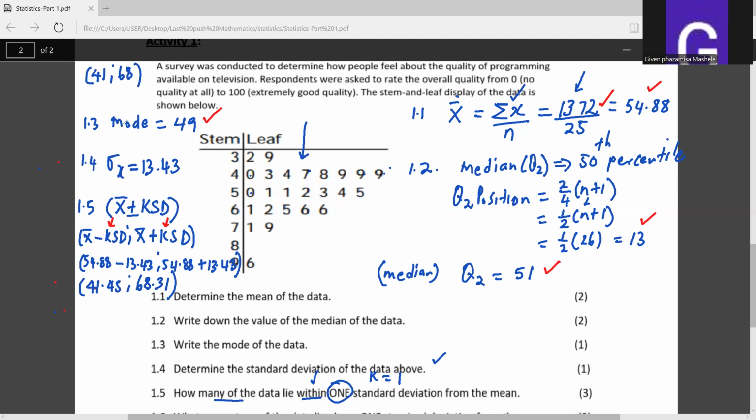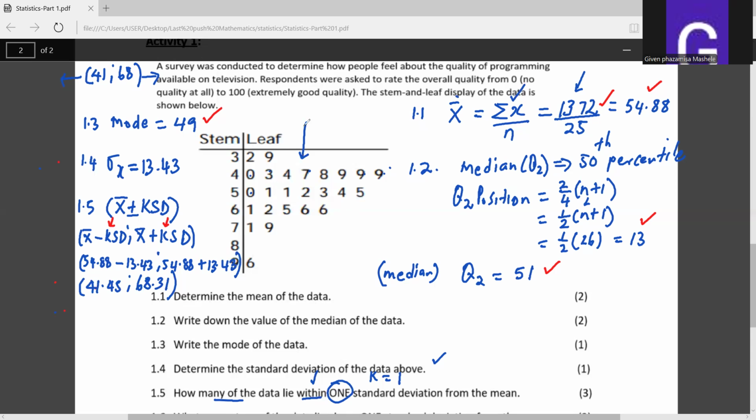So we look at the values falling between 41 and 68, not outside, because outside would be below 41 and above 68. The question says within one standard deviation, so we count the numbers falling between 41 and 68.